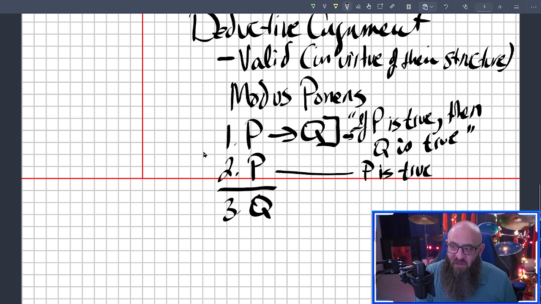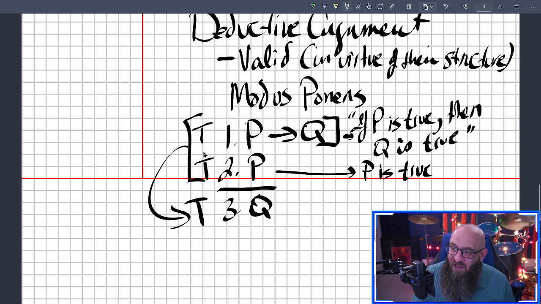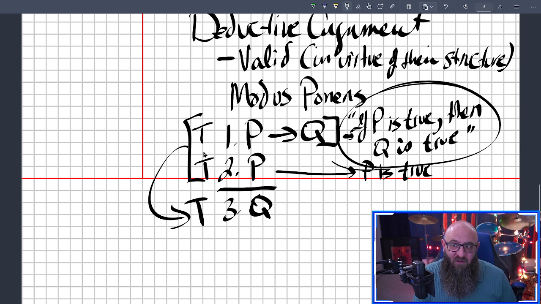And now, if you look at this, imagine that these are actually true. If it's true that if P, then Q, and P is true, then Q cannot fail to be true. Why? Because that's what this says here. And so the conclusion has to follow from the premises. And this is simply what we mean by a deductive argument.